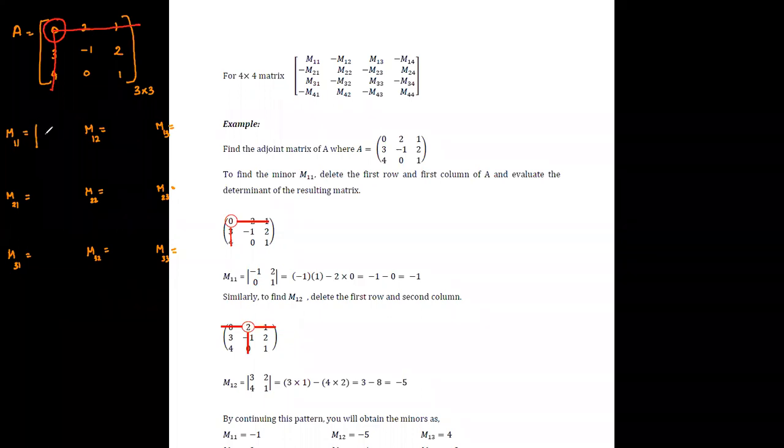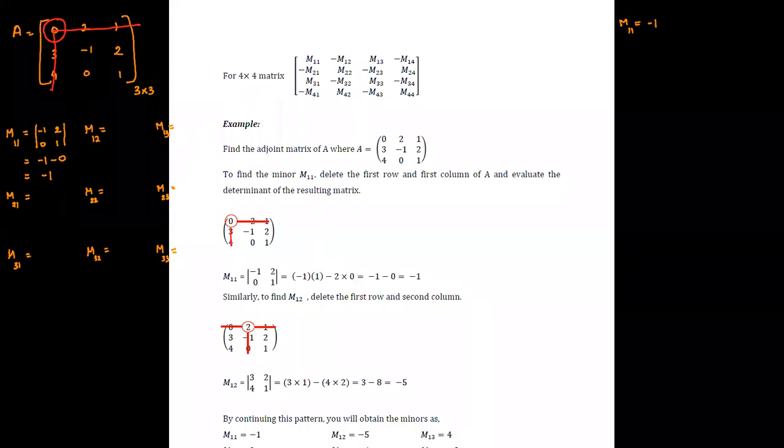Therefore, I can write the elements inside the modulus notation. Here this would be -1, 2, 0, and 1. Now if I perform this calculation, I will get -1 into 1 is -1 minus 0. It is because 0 times 2 gives the value as 0. Therefore, M11 has been obtained as -1.